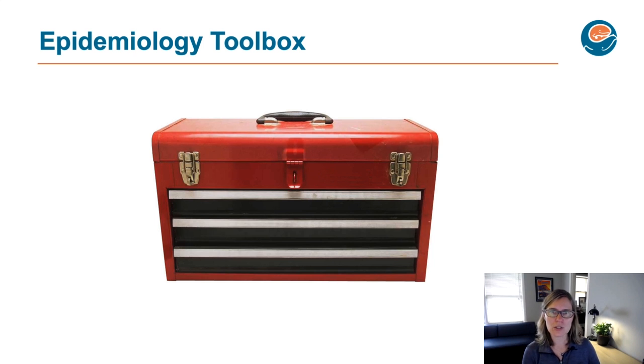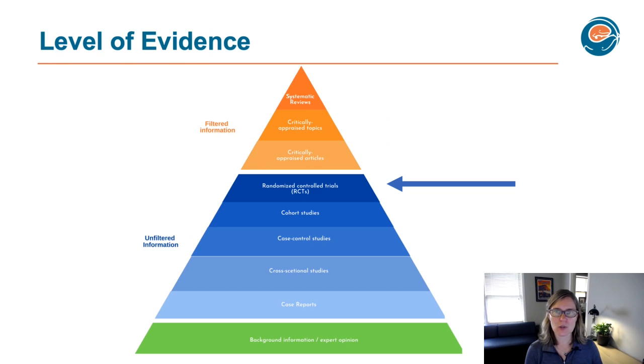But this part of the toolbox, this drawer, if you will, is about study design. And what we want to do, given our particular question, is to achieve the highest level of evidence we can with a given study design based on our question. So I like this evidence pyramid. There are many out there that look different. One of the reasons I like this is the orange is synthesized or filtered information, where the blue is where individual studies lie.